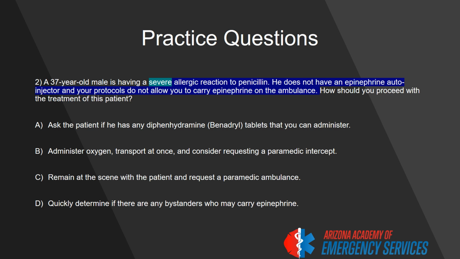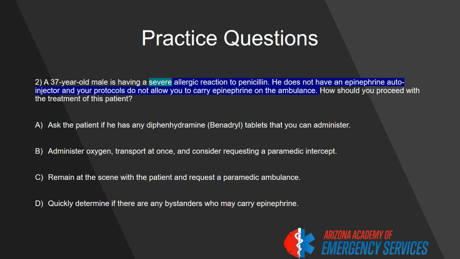So when you're thinking about this, okay, it sounds like the patient's having anaphylaxis. I need to treat this immediately. I understand how life-threatening anaphylaxis can be. It can develop into shock very quickly and lead to death of the patient very quickly.